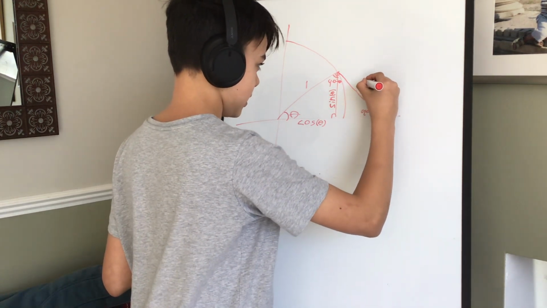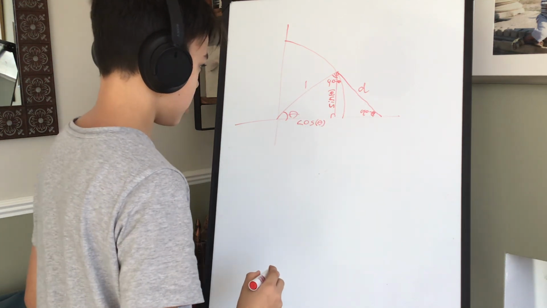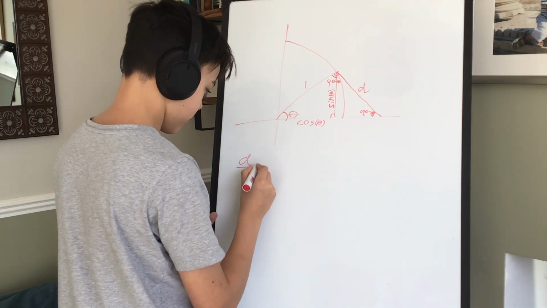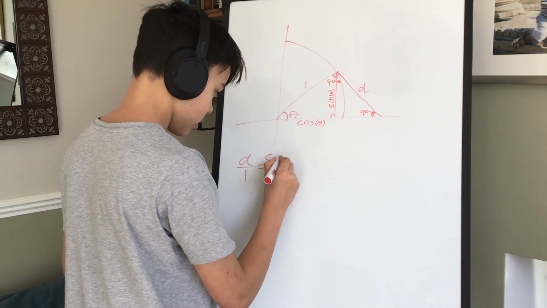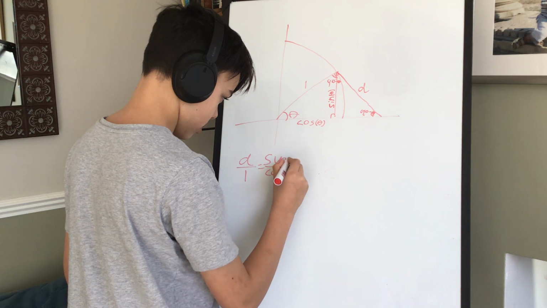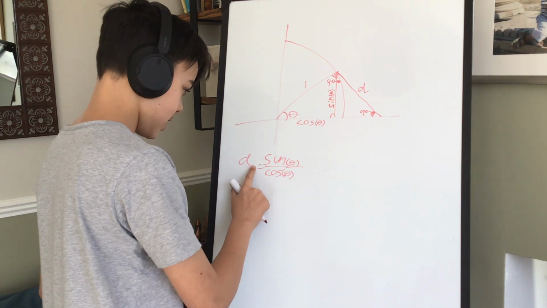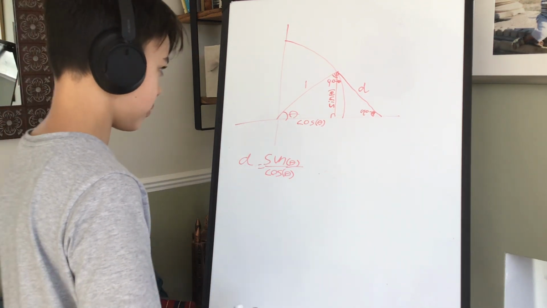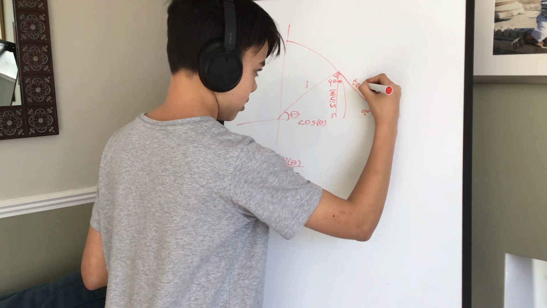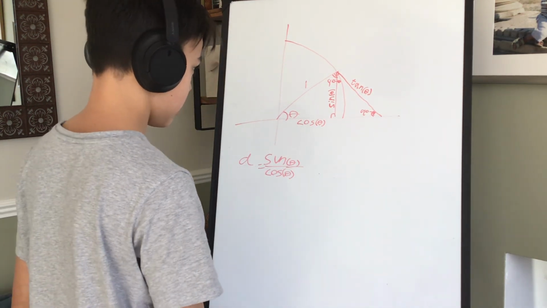So if we call this distance d, d over 1, opposite to theta over adjacent to theta, will equal opposite of theta over adjacent to theta. So d over 1 equals sine over cosine, and d over 1 is just d, and sine over cosine, like we saw before, is the tangent. So this is the tangent of theta.